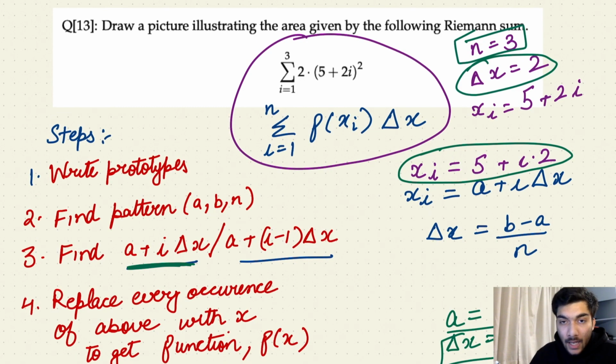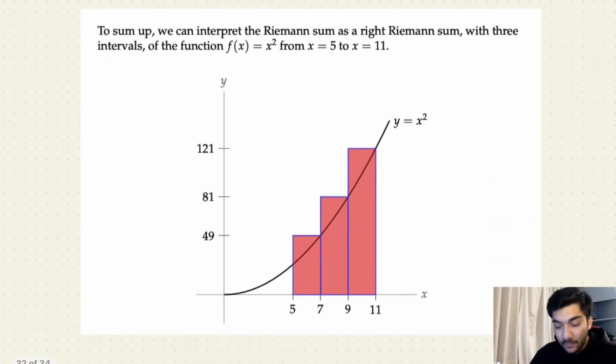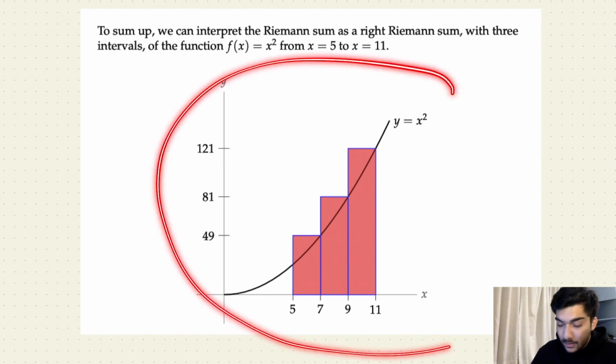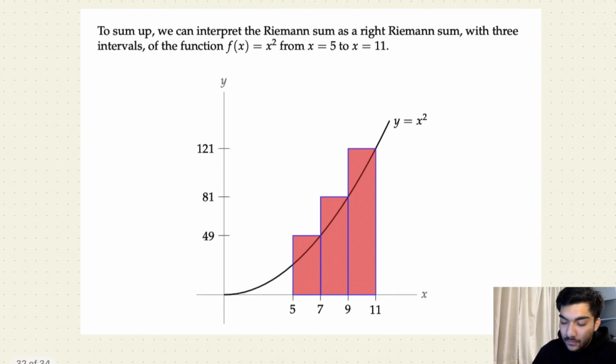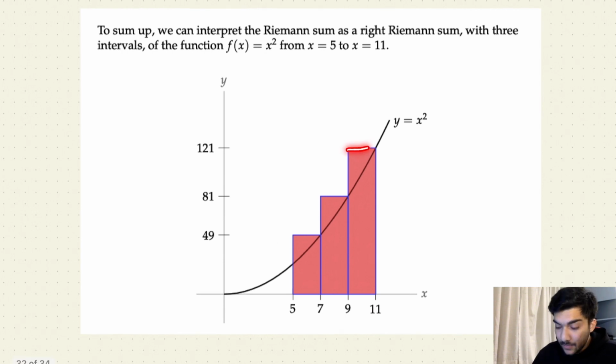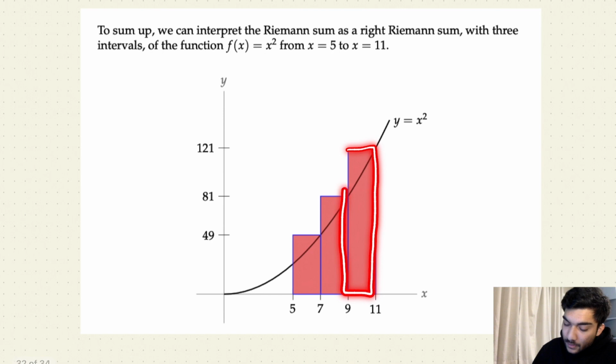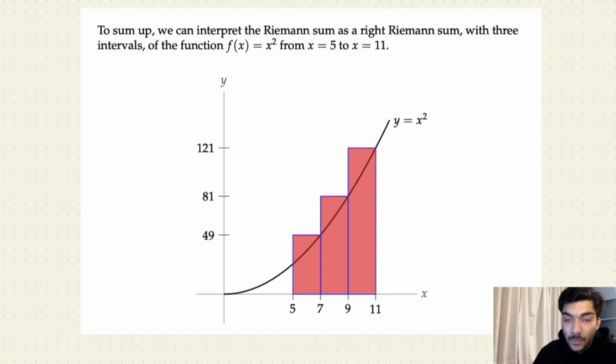And based on all the calculations that we did so far, our final sketch would look like this, where I have taken the right hand Riemann sum of the function y equals x square bounded by the intervals x equals 5 to x equals 11. And since this is a right hand Riemann sum, my height of the last rectangle should be equal to the value of the function at the right end point.